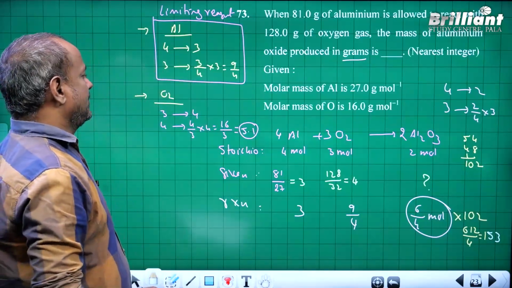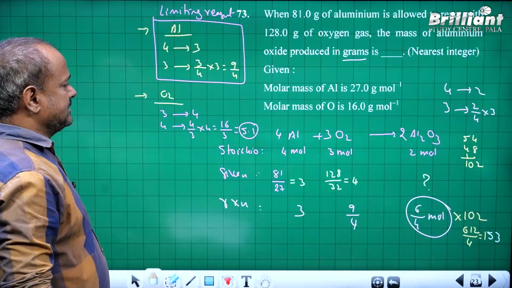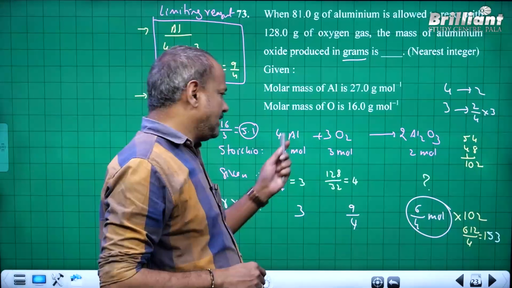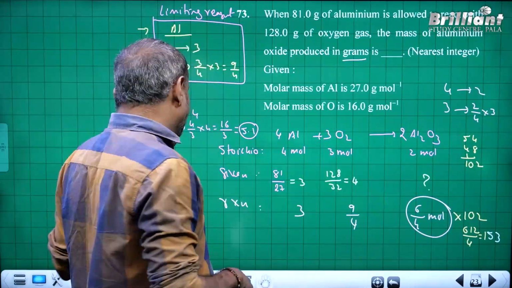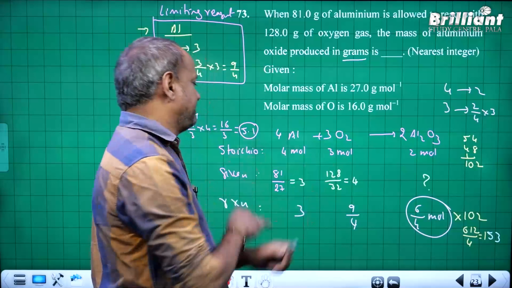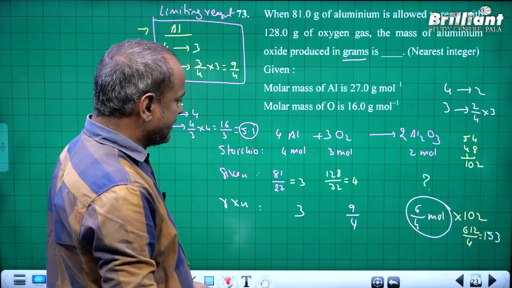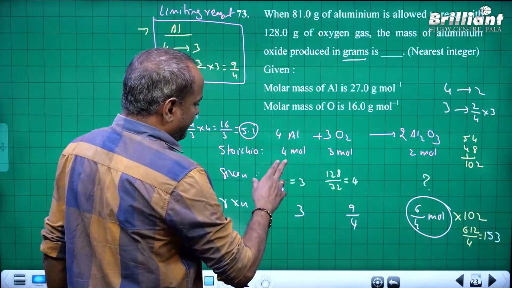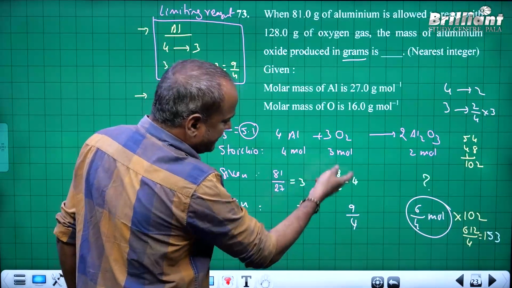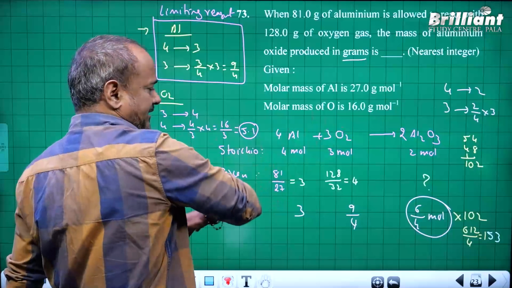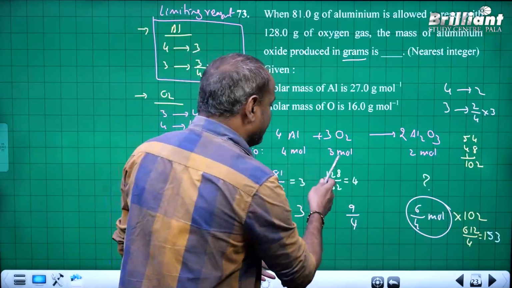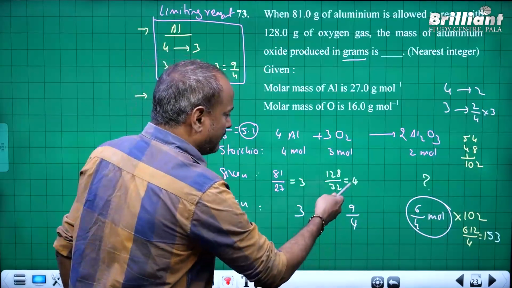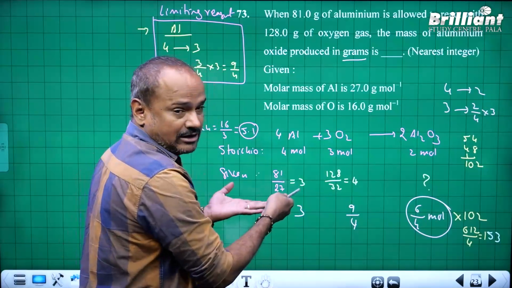153 grams. So in a limiting reagent question, first verify the equation stoichiometry, 4, 3, 2. Given moles are 3, 4, just reversed. So here we can compare 4 with 3, then 3 with less than 3 moles is possible. This side 3 with 4 is excess plus 1, but 4 with 3 only given, not possible.